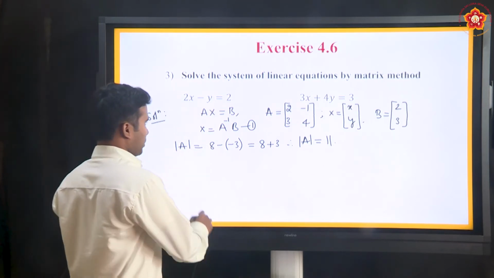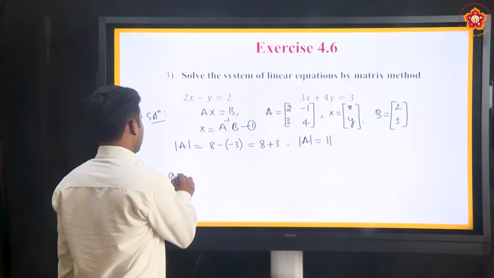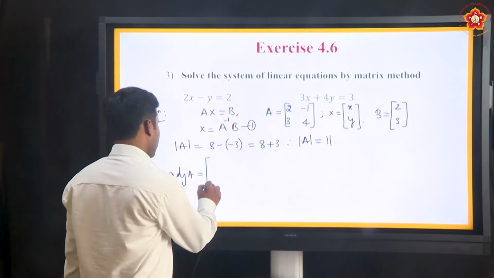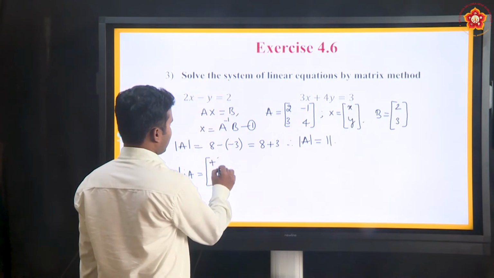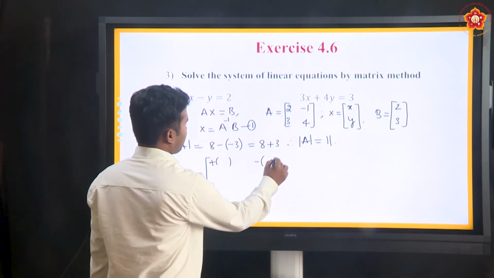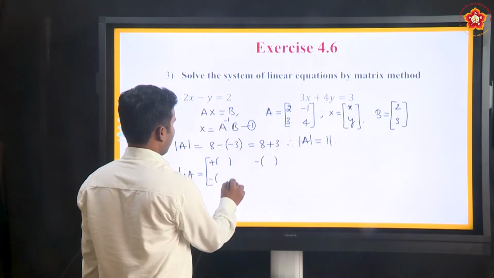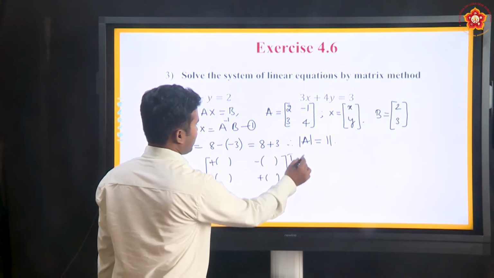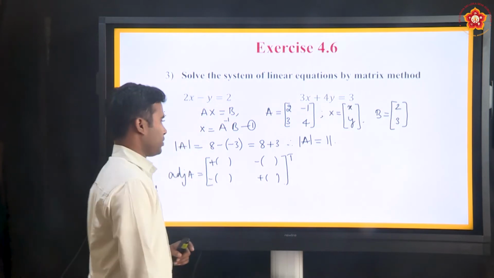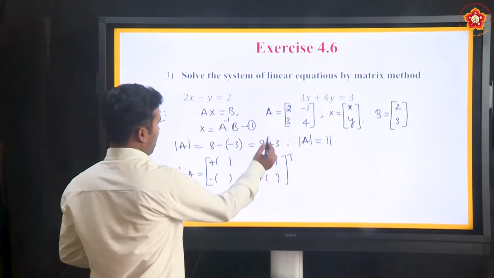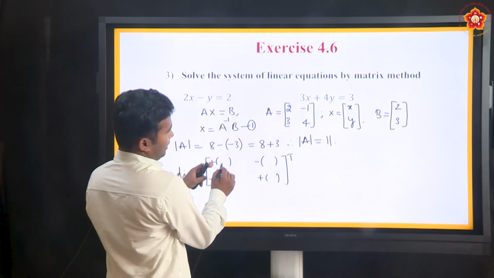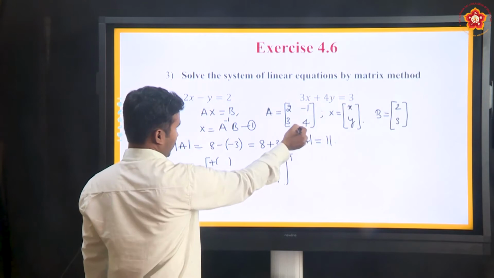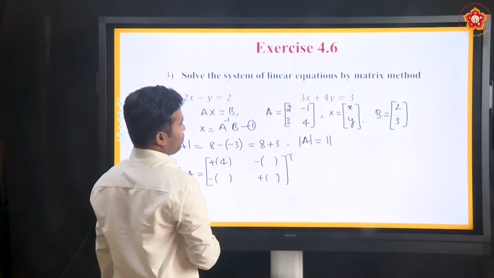Now we have to find the adjoint of A. I can write the adjoint of A in such a way that first I write the cofactor matrix, and then I take the transpose, which becomes the adjoint of A. To find the first entry, you delete the first row and first column and take the other element, 4.